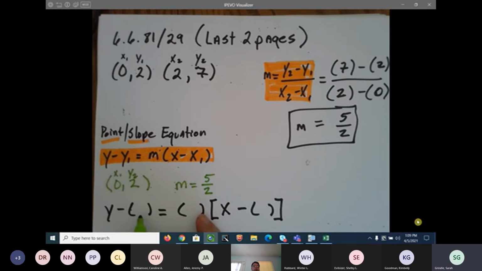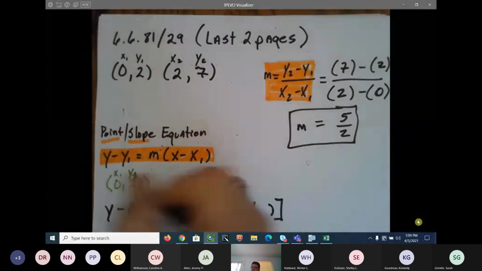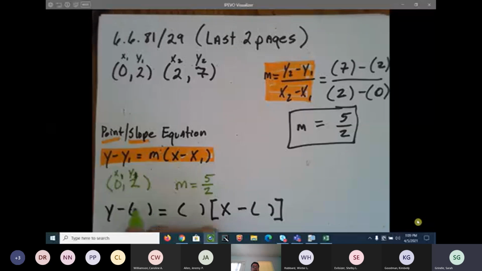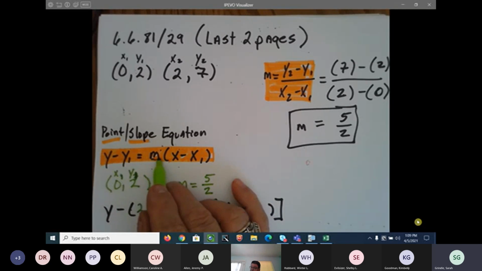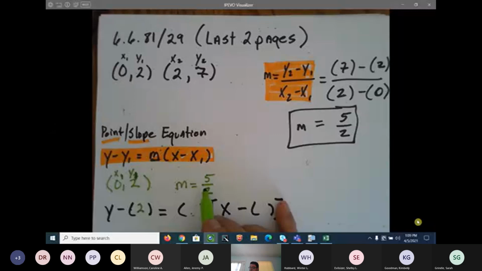Y sub 1, which is the 2. I'm sorry, hold on. X sub 1, Y sub 1. 2. What am I going to plug in here? The 5 over 2. And what am I going to plug in here? 0. Now, solve it for y.